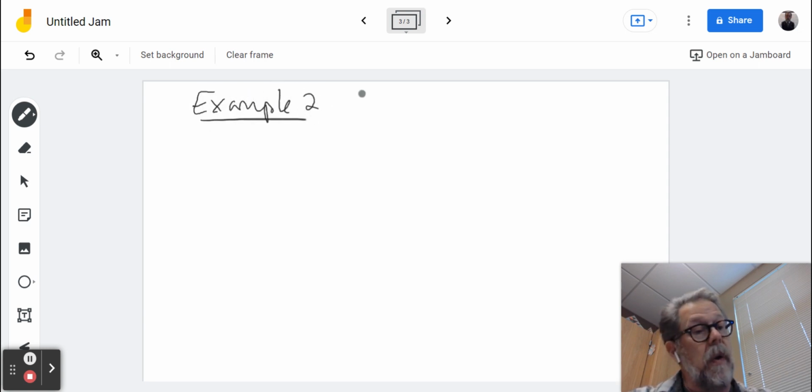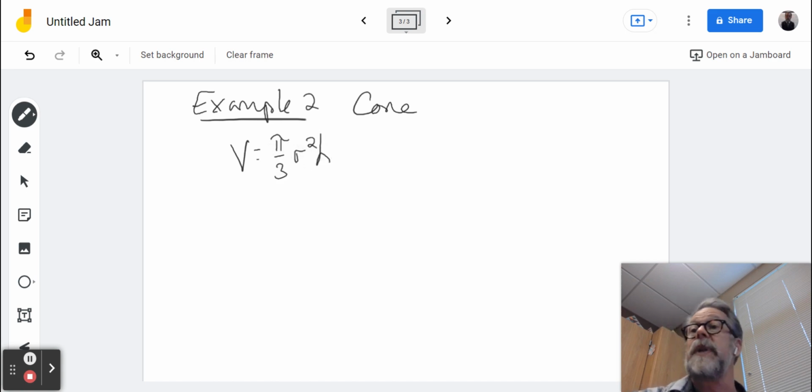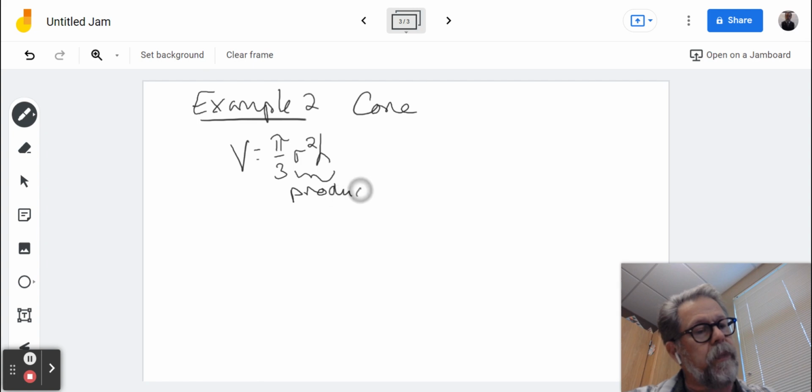Quick example number two. I want to know the same thing relative to a cone. Volume is equal to pi over 3 r squared h for a cone, the radius squared times the height. And because I have a product here, I need to use the product rule.